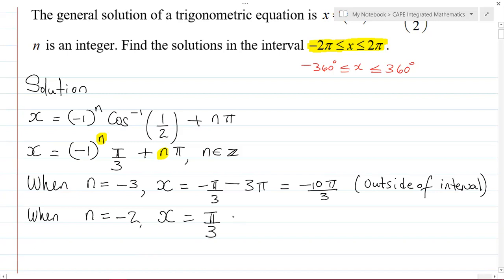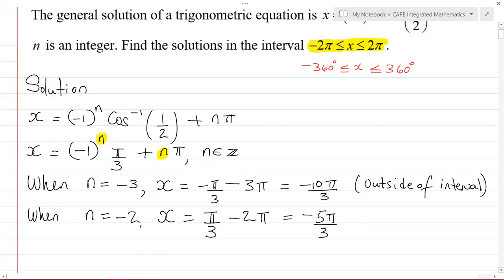Plus n pi. Remember, n is -2, so that's -2 pi. And when you subtract that, you will get -5 pi divided by 3 radians.